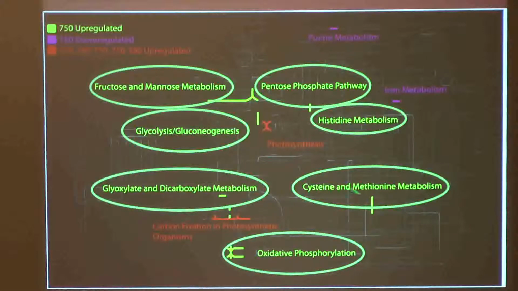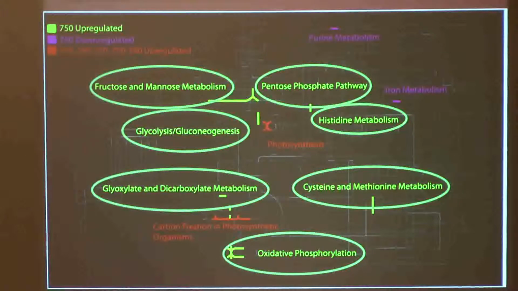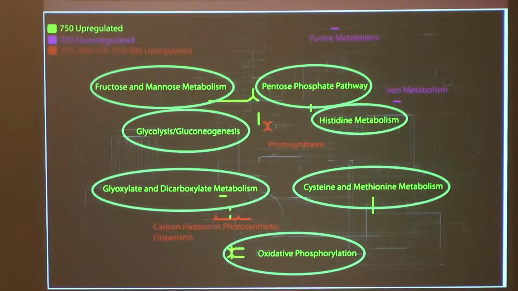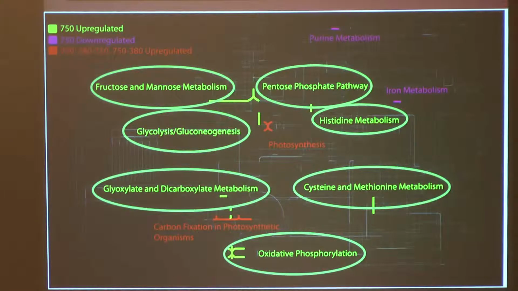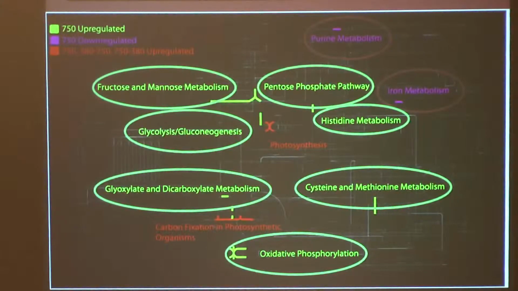And what you can see, there's some amino acid metabolism pathways, oxidative phosphorylation, glycolysis, pentose phosphate pathway. Interesting. So what does that mean? There's also some that are downregulated in the 750 adapted cells. You can't see this very well, but here's purine metabolism and iron metabolism.